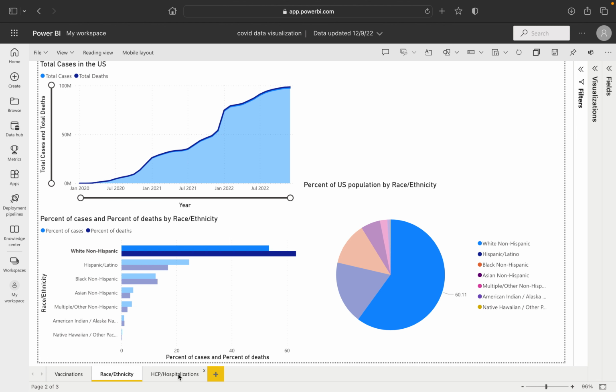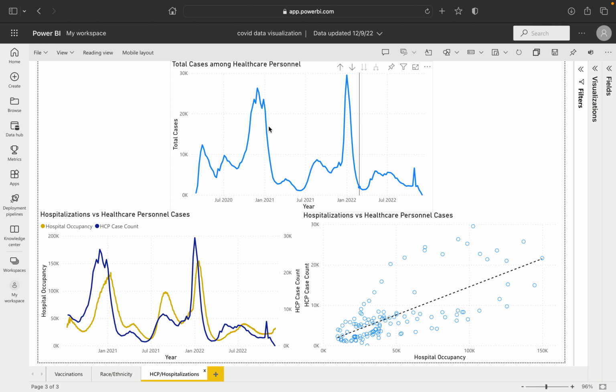And so in the last visualization, again, we can see the progression of COVID cases among healthcare personnel. So right here we can see in 2020 on November 29th, they had a really high number of cases, and again on January 2nd, it hit a high as well.